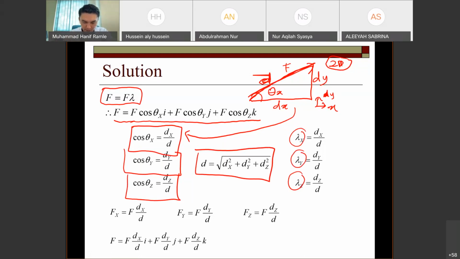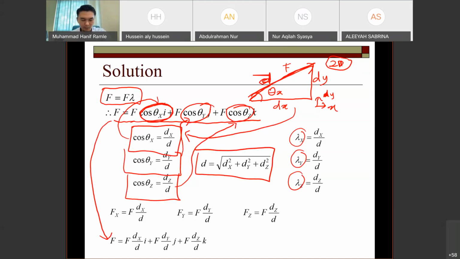And if you can see here, this initial equation consists of cos theta x, cos theta y, and cos theta z. You can substitute this into this equation, and then you will get this one.